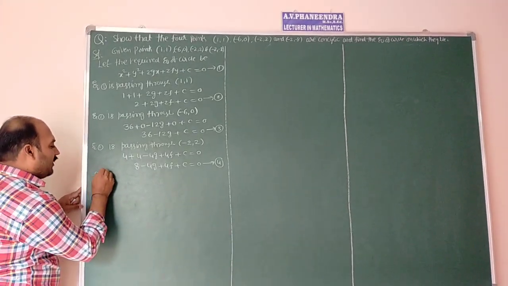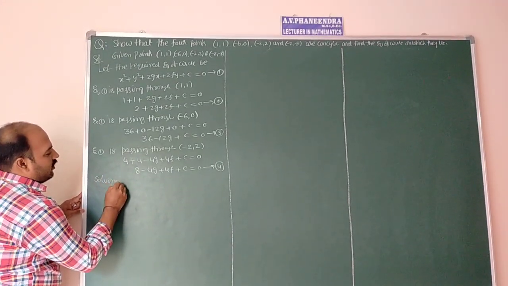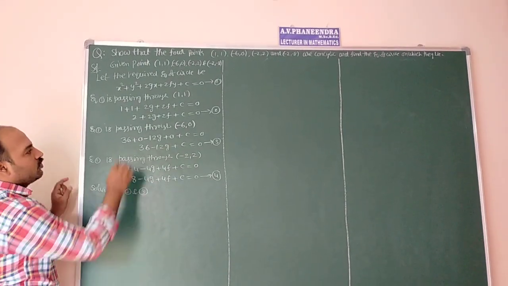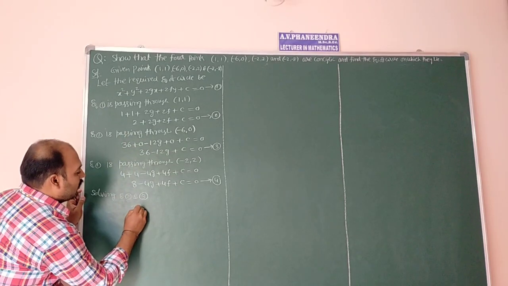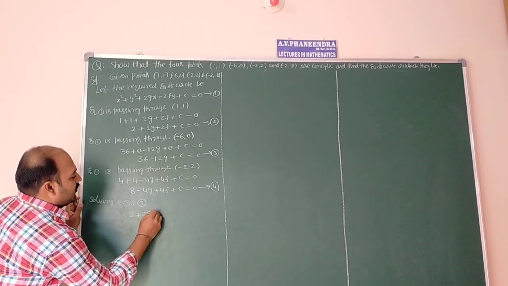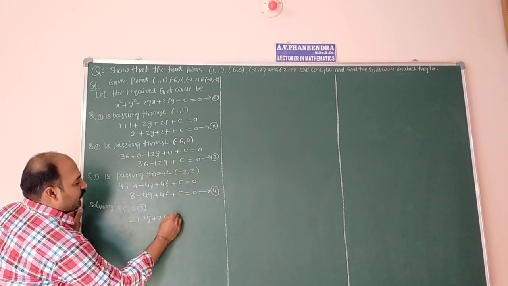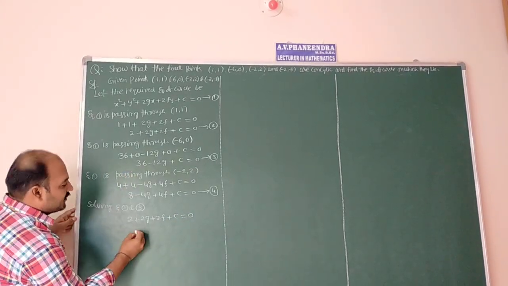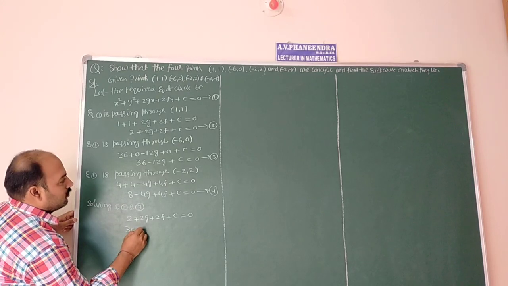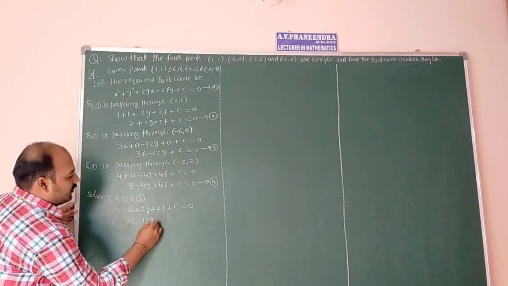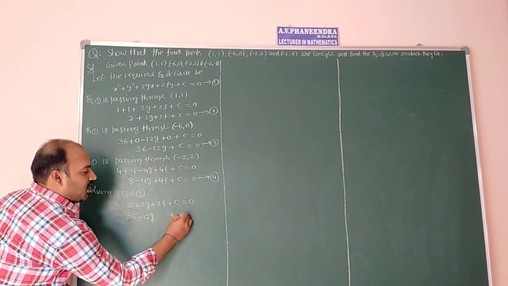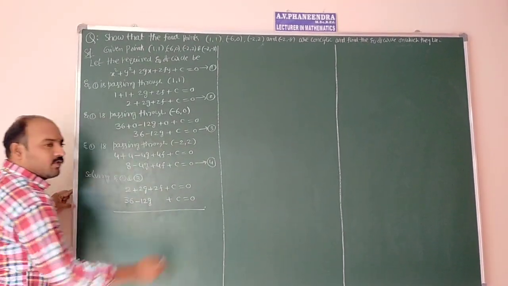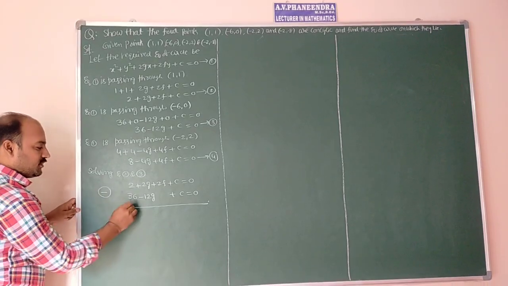Now solving equation 2 and 3. From equation 2, 2 plus 2g plus 2f plus c equal to 0. And 36 minus 12g plus c equal to 0. The f term is not there, you can leave. Now while subtracting, sign change.